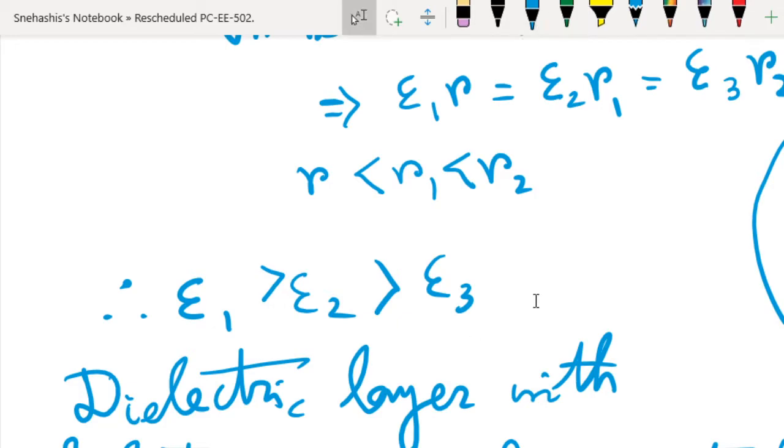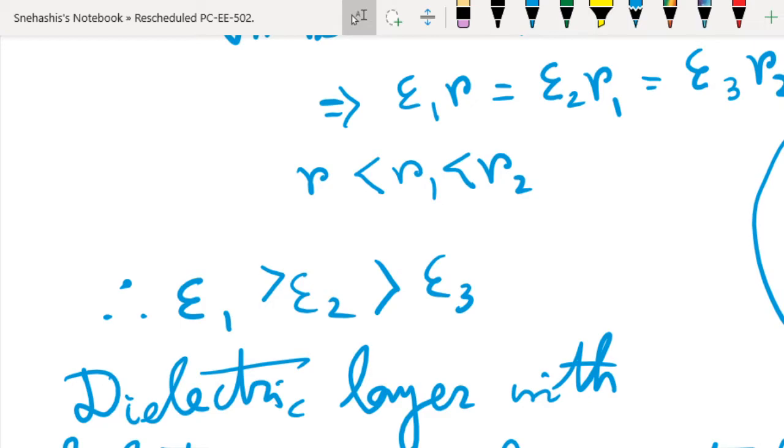Okay, so what happens if you want to have a plot? You can easily say that as equal number of maximum stress is there, maximum stress in each case is same, so the stress distribution will also be the same.